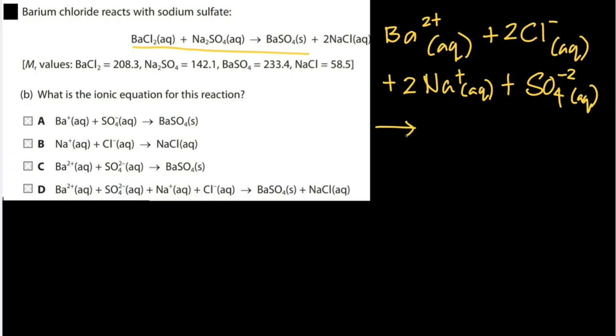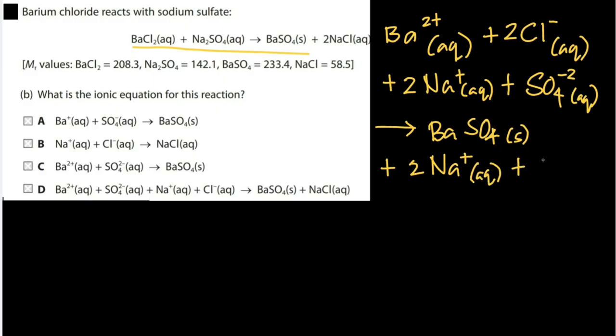Okay, and this forms barium sulfate. So we just leave the barium sulfate as it is, since it is solid, and then we dissociate sodium chloride. So this is 2 Na plus and 2 moles of chloride ions.